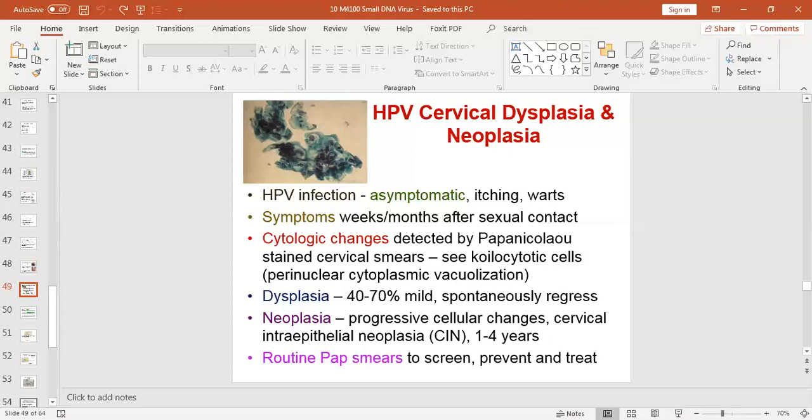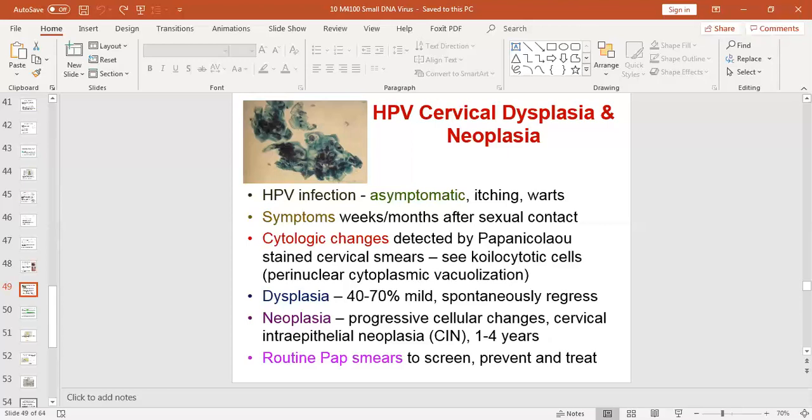So basically, we need to take the cells through a process called a pap smear to look for irregular cells. These cytological changes are detected by a type of staining called Papanicolaou staining. So we have a swab of cervical smear, we put it on a glass slide, and then we stain it.